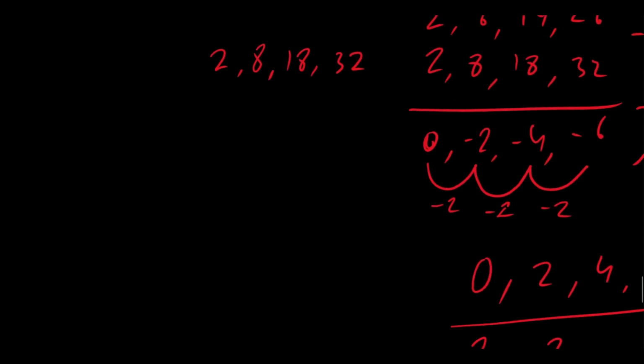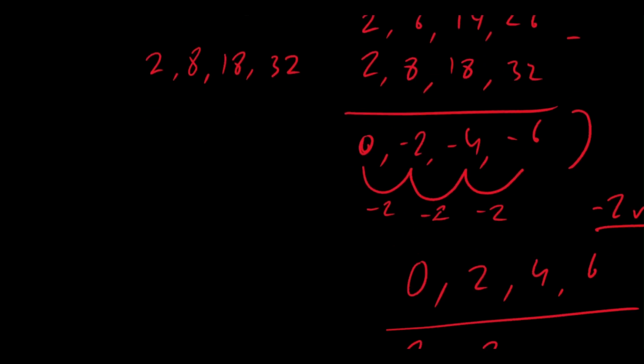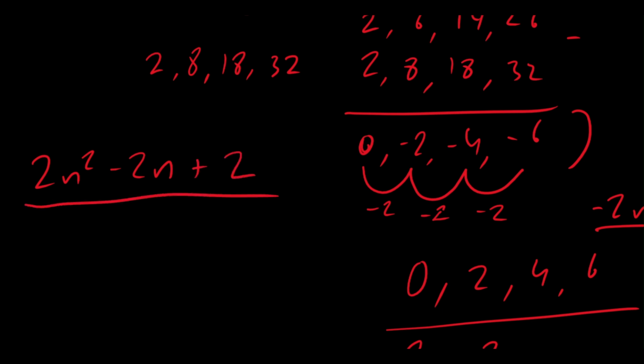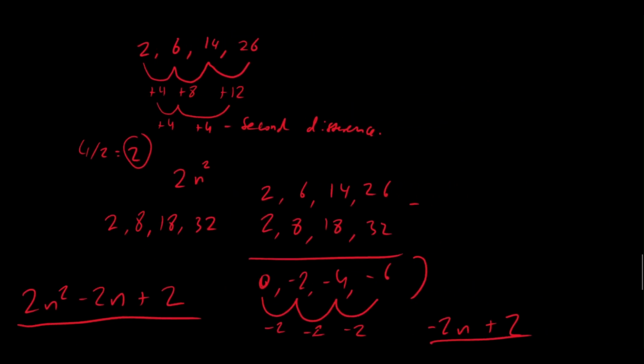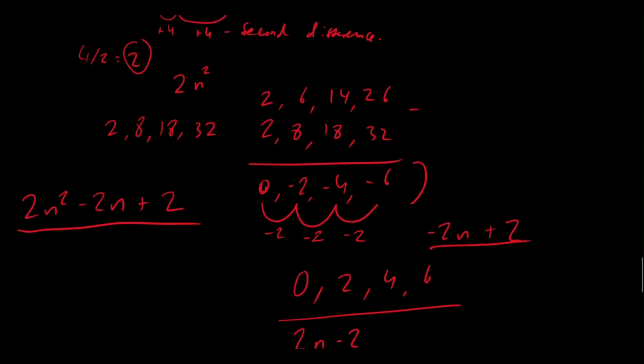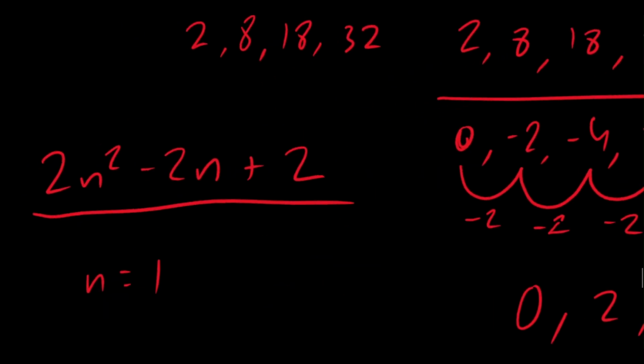So now let's put it into the 2n squared we got earlier. And let's see if it's correct. What is the nth term when n is equal to 1? So the first term should equal 2. Let's see if that's correct.